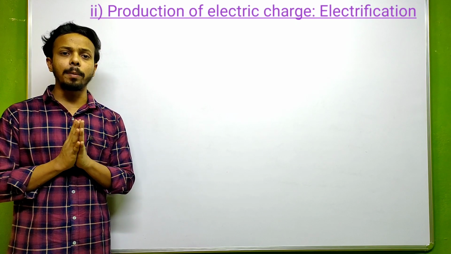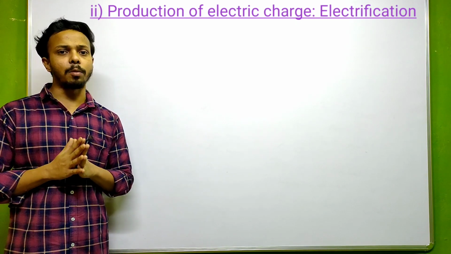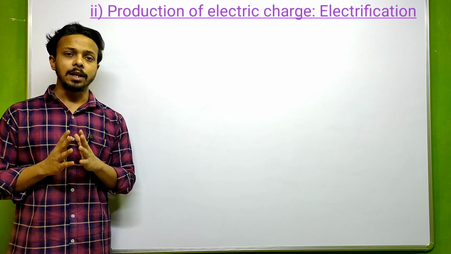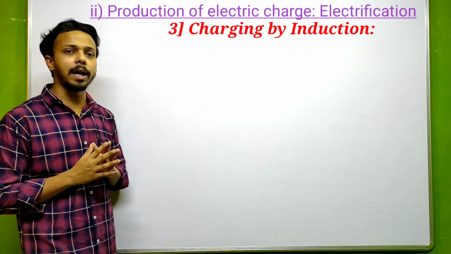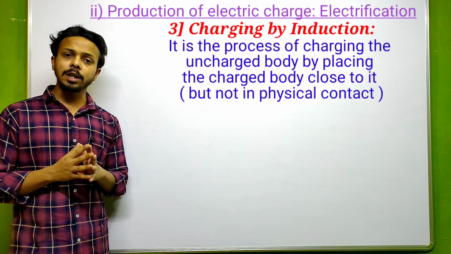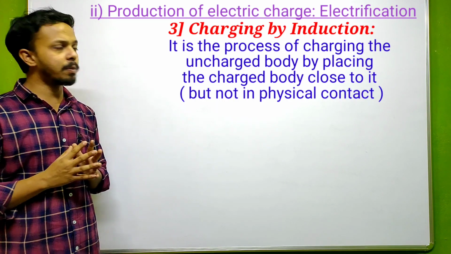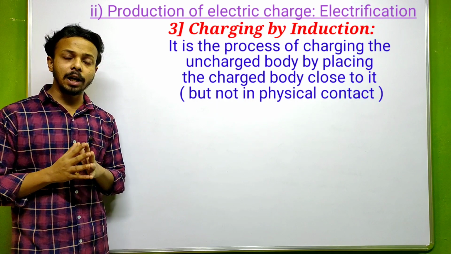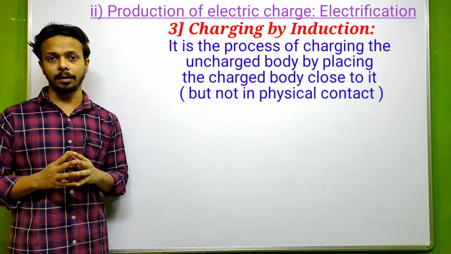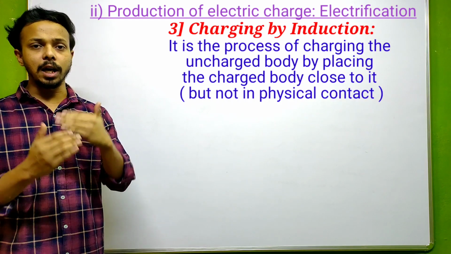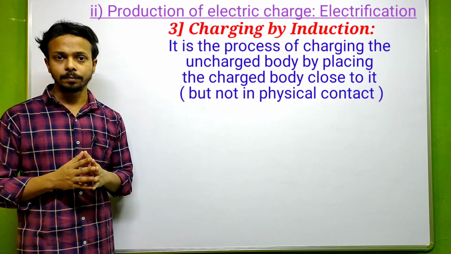The charges are automatically induced on the uncharged body, and that method is known as charging by induction. Okay, now let us understand what is meant by charging by induction. It is the process of charging an uncharged body by placing a charged body close to it but not in physical contact. Okay, so that's why the charges are induced on the other body.